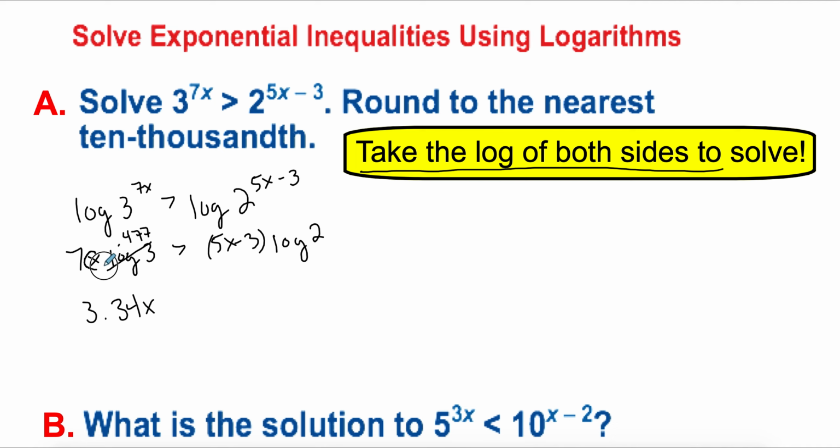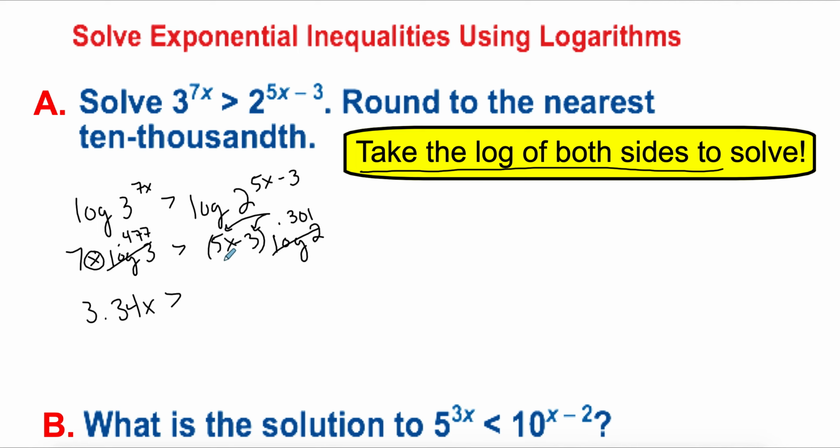Don't forget that that's a variable right there. That's not multiply. And then on the right, I want to change that log 2 to a decimal, which is 0.301. And then that's what I want to distribute. Okay? So distribute the 0.301 to both of those.